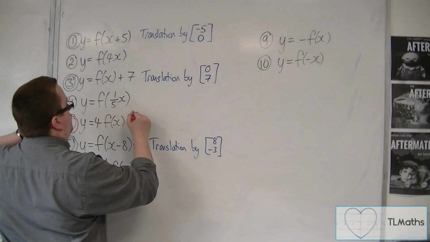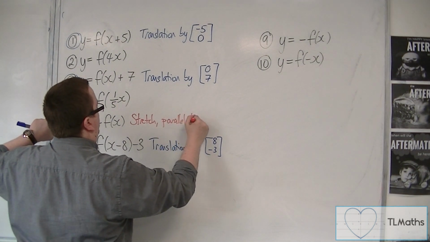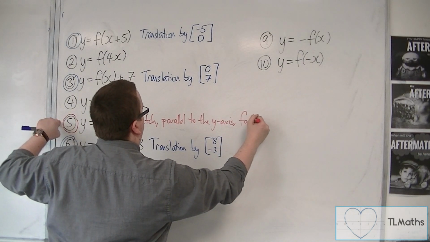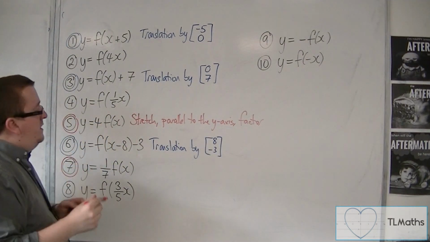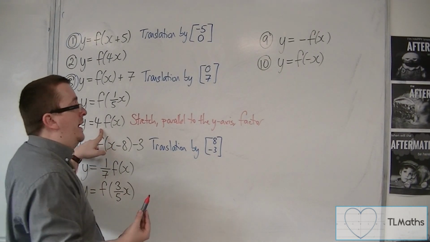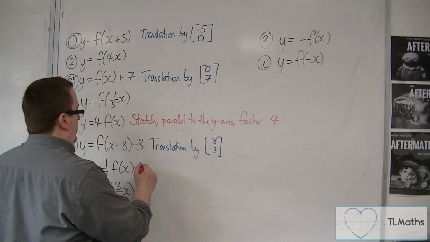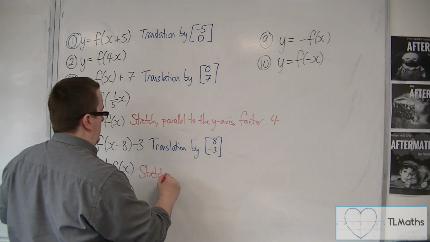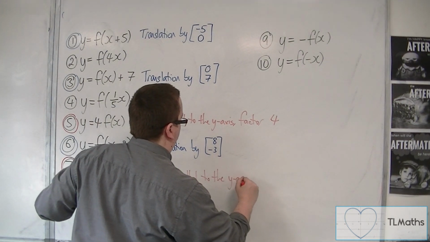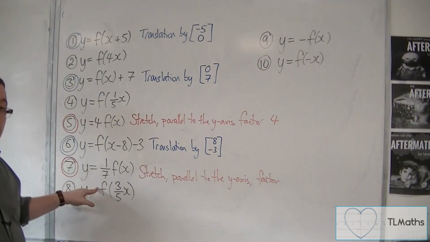So this is a stretch parallel to the y-axis, factor. Now if the number outside of the function is k, the factor is k. So this is factor 4. And so this is a stretch parallel to the y-axis, and that is factor 1/7.